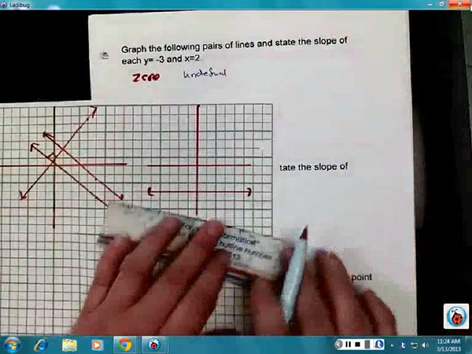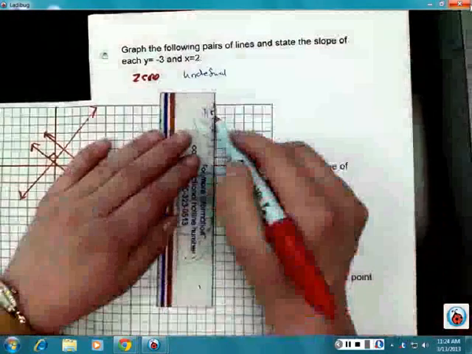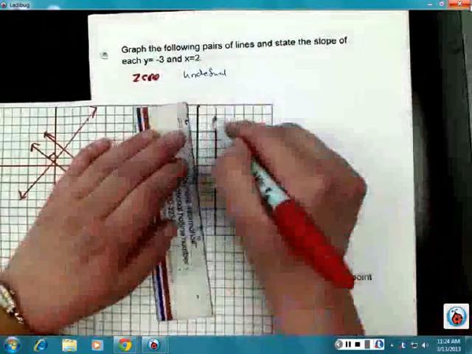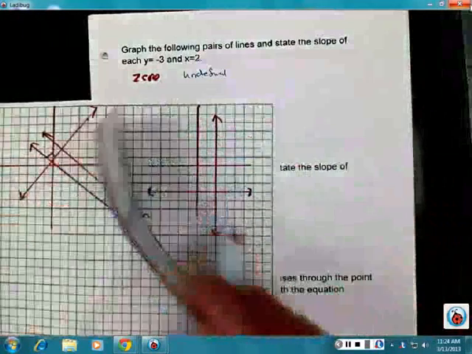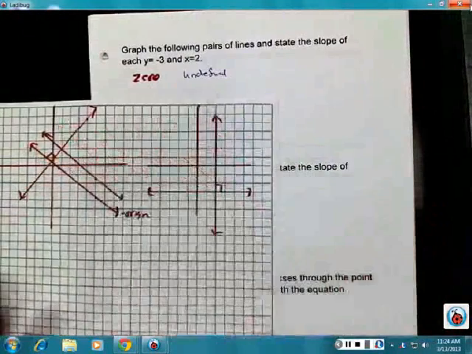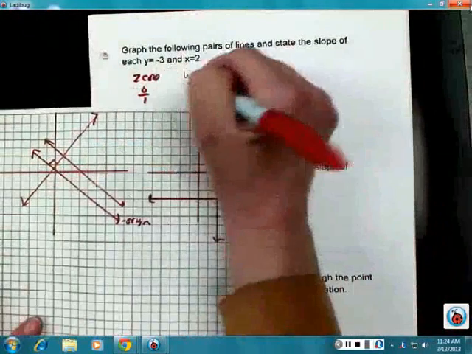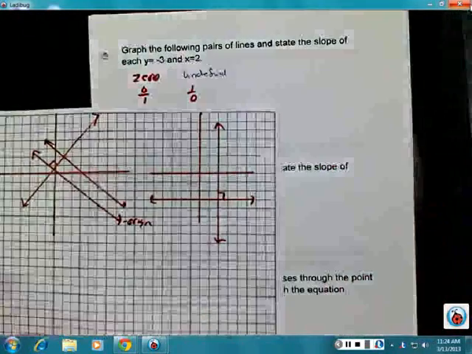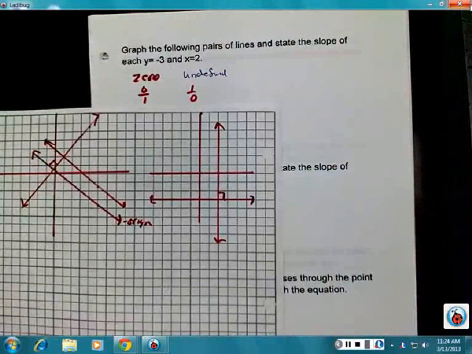And if we graph x equals 2, that means it's going to be a vertical line. So what do I have? Well, I have two perpendicular lines because they're the opposite of each other. Because 0 over 1 and 1 over 0 gives me my 0 or my undefined piece in there. So that's what happens with that one.